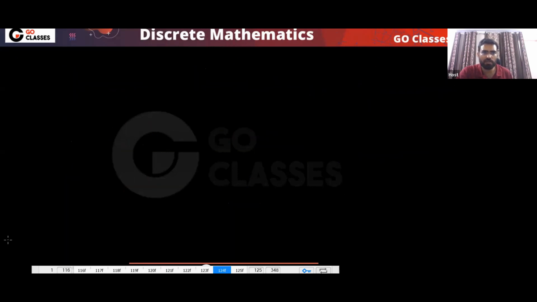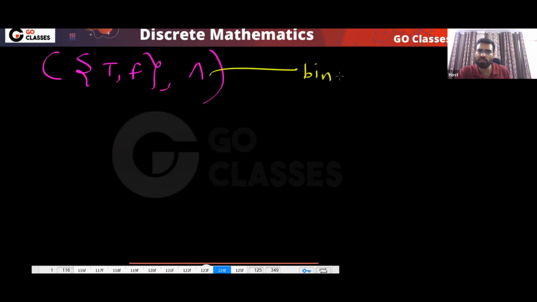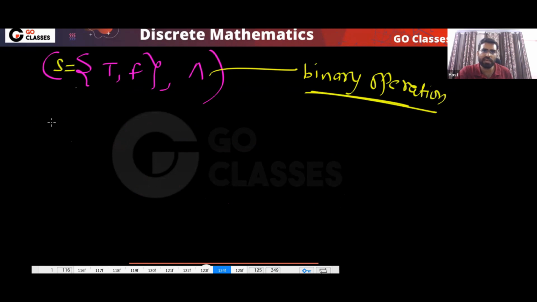For example, let's assume your base set is {true, false} and the operation is conjunction. Now you can notice that this is a binary operation. This conjunction is a binary operation from S cross S to S. Why?